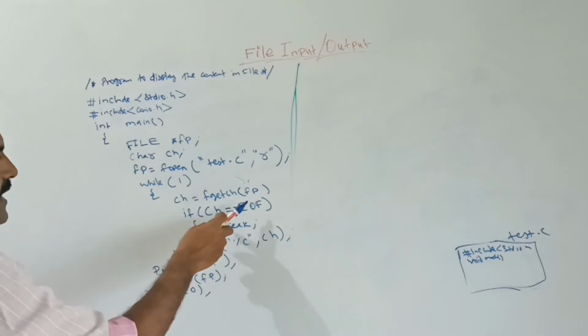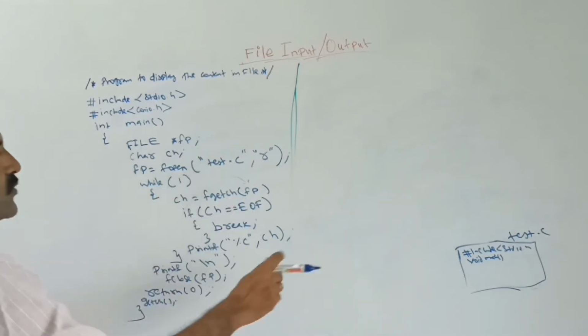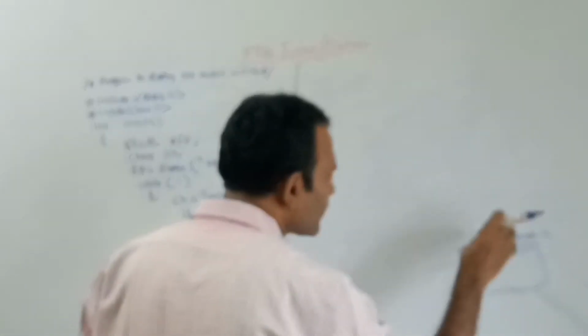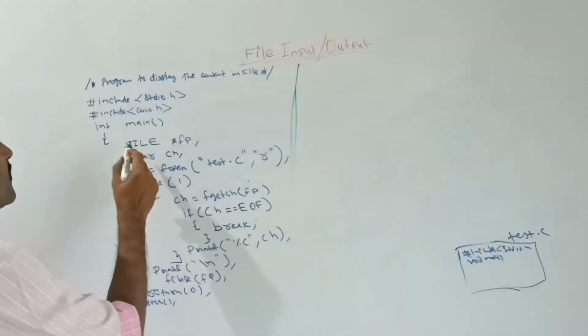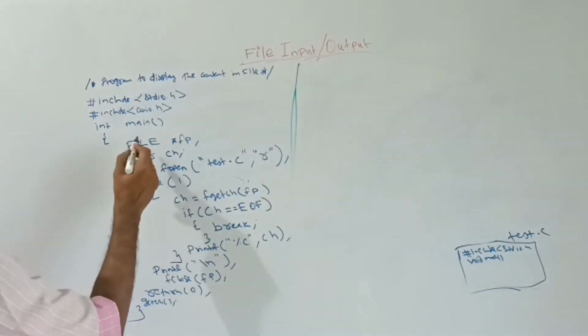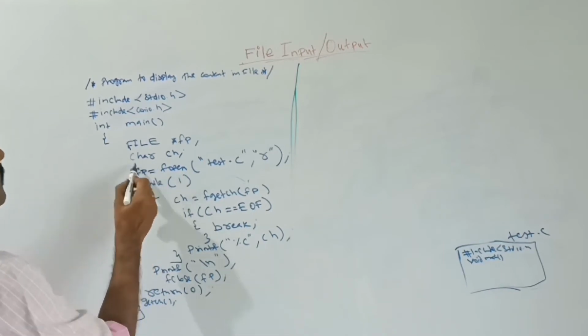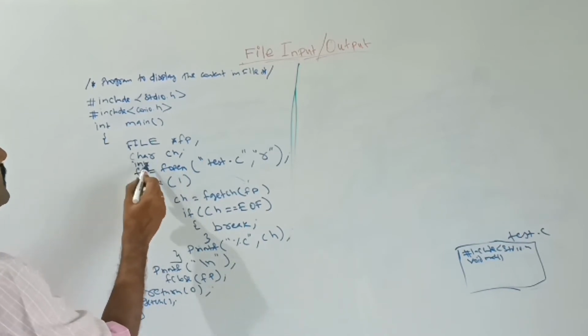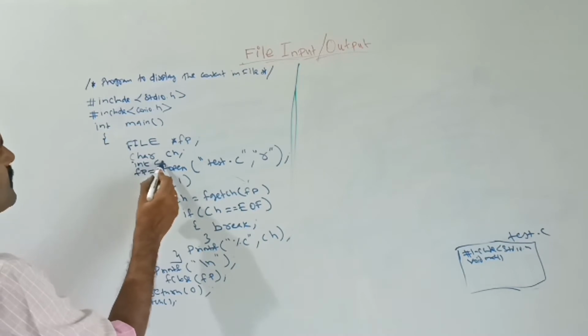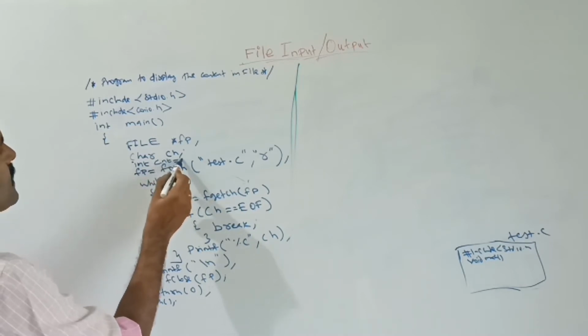After opening the file, there is an infinite loop, and each and every time I need to count the total number of characters. So one variable you should declare here, let us assume an integer cnt equal to 0.